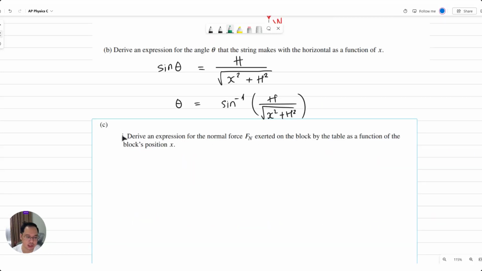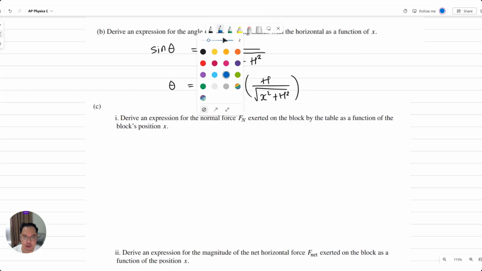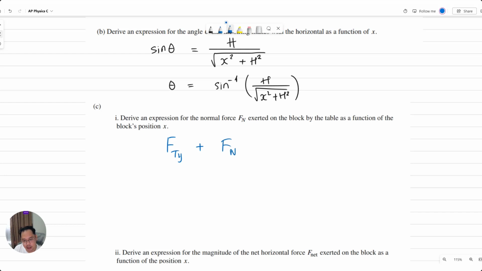Let's move on to question C1. We are asked to derive an expression for the normal force Fn exerted on the block by the table as a function of the block's position x. We will start from the first equation that I told you in question A, the most important equation: the vertical component of the tension Fty plus the normal force Fn equals the weight mg.